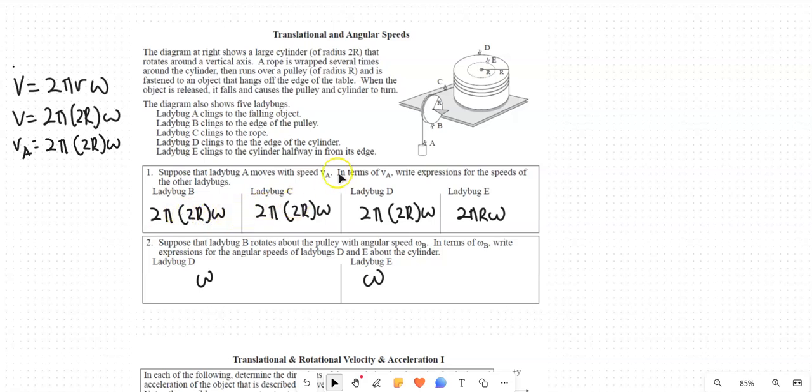So Ladybug D, Ladybug C, Ladybug B, and Ladybug A are all dropping at this rate. However, Ladybug E, even though it's right next to it, is only 2 pi r out from the center. And again, these are all spinning at the same rate, omega.